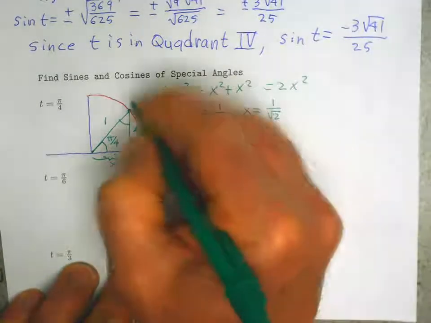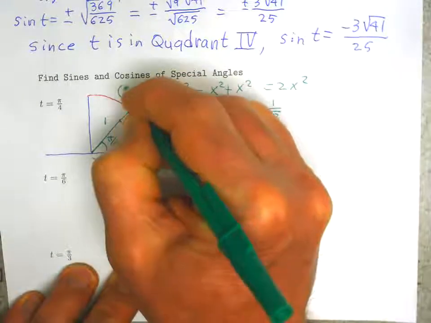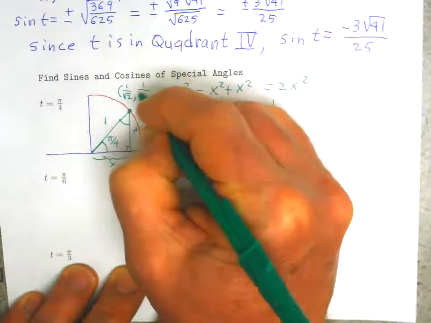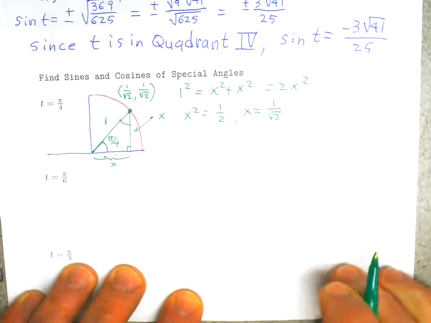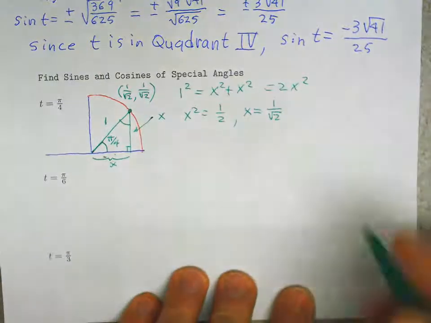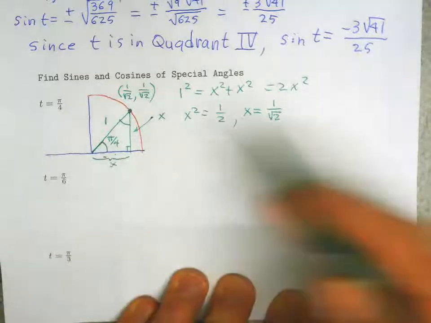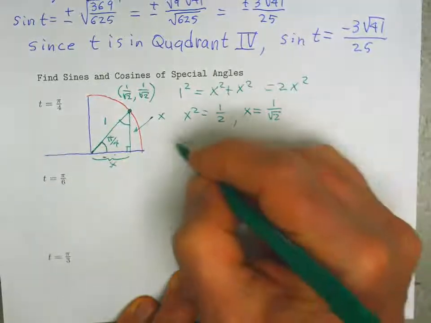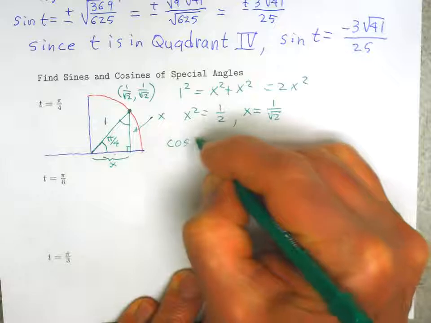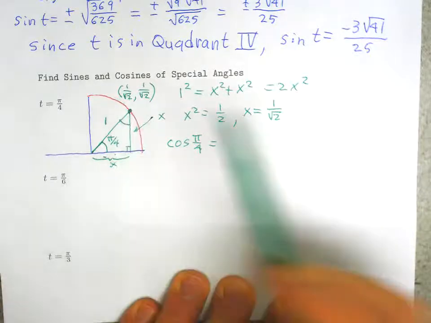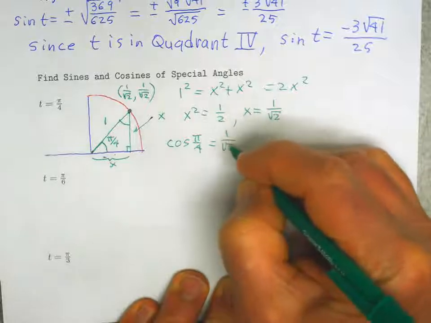Okay, so the x coordinate of this point is 1 over the square root of 2, and the y coordinate is also 1 over the square root of 2. Since it's a point on the unit circle and the central angle is pi over 4, cosine of pi over 4 is equal to the x coordinate, 1 over the square root of 2.